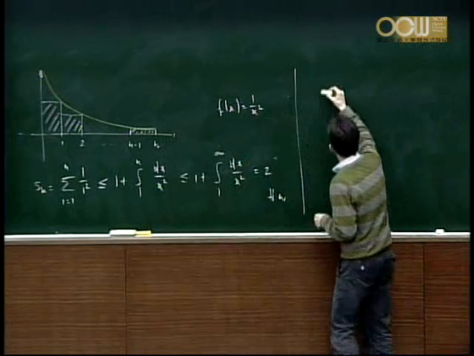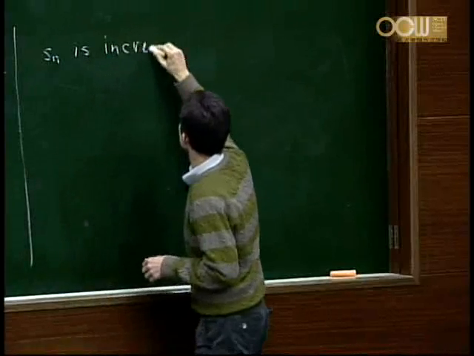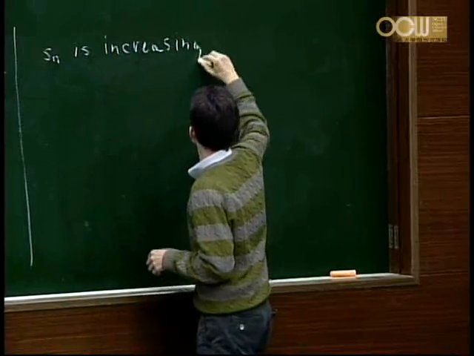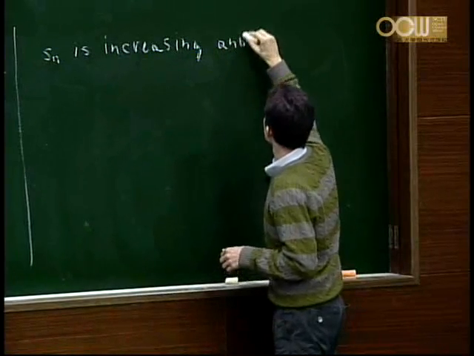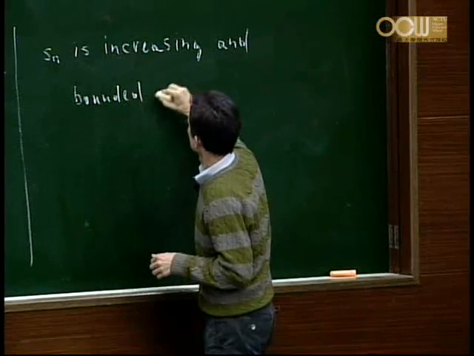So Sn is increasing and bounded from above.